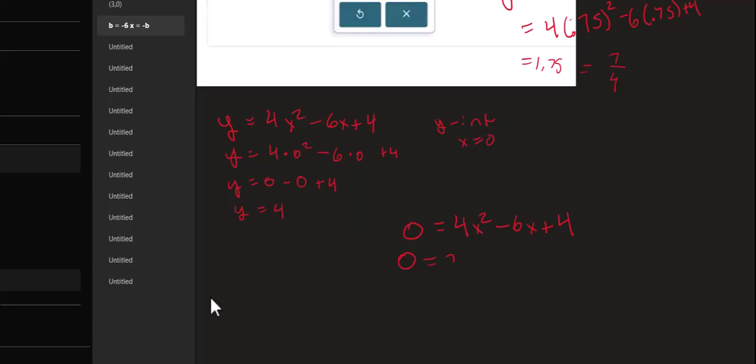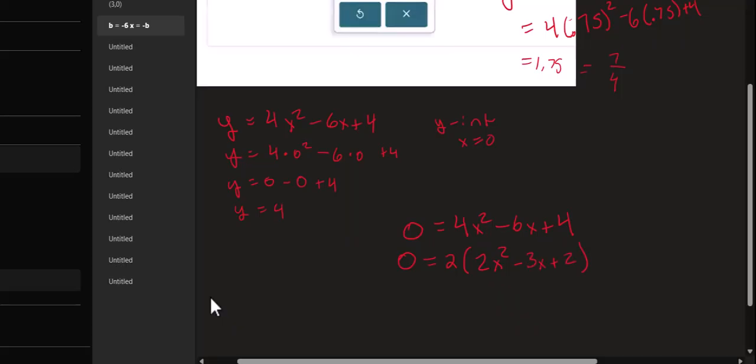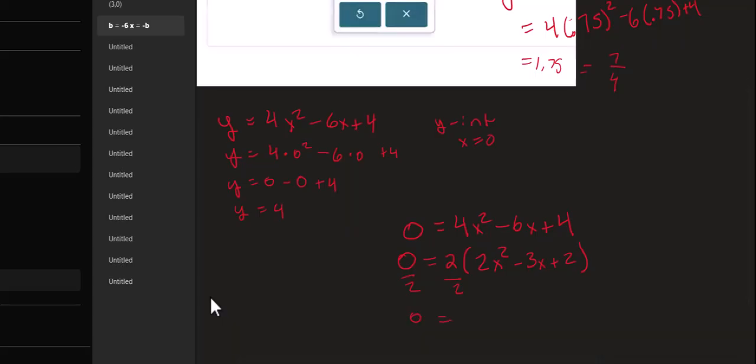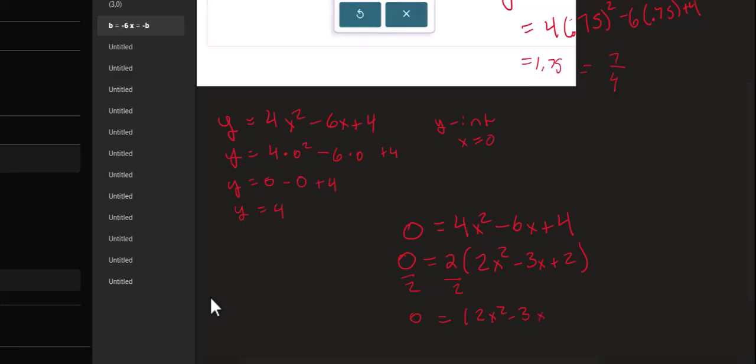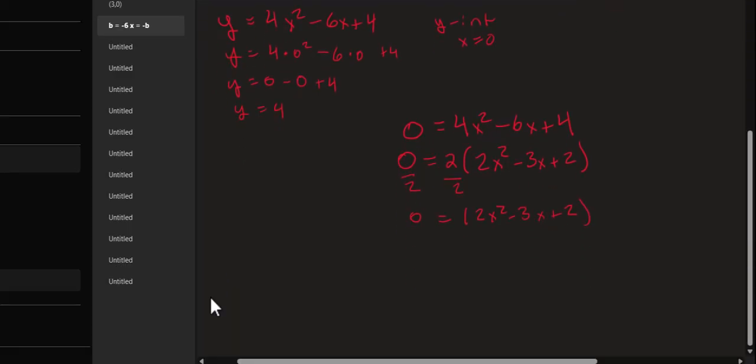It'll make your life easier. So I'll take out a 2, and then I have 2x squared minus 3x plus 2. All I did was divide everything in here by 2. Because this is an equation, you can divide both sides by 2 and make it go away. If it just says factor, you have to leave it in.